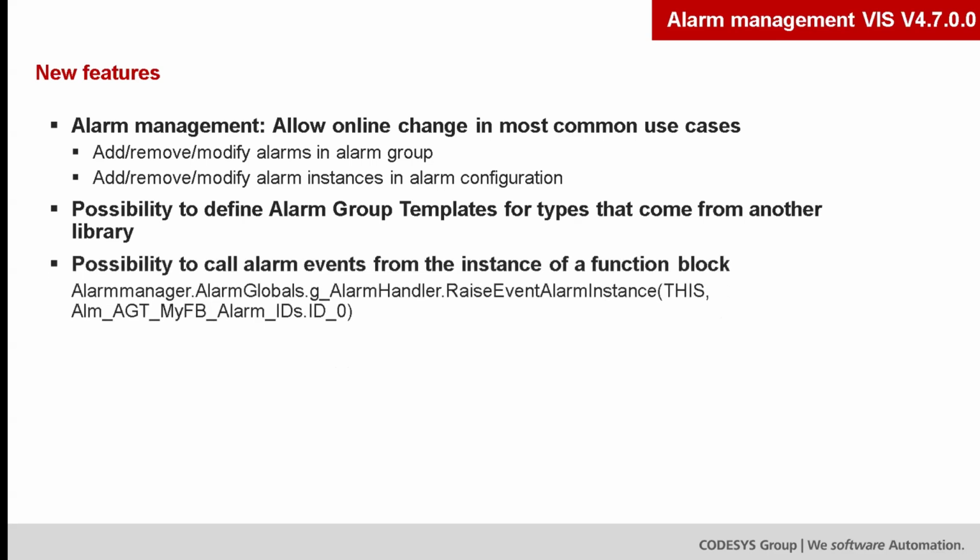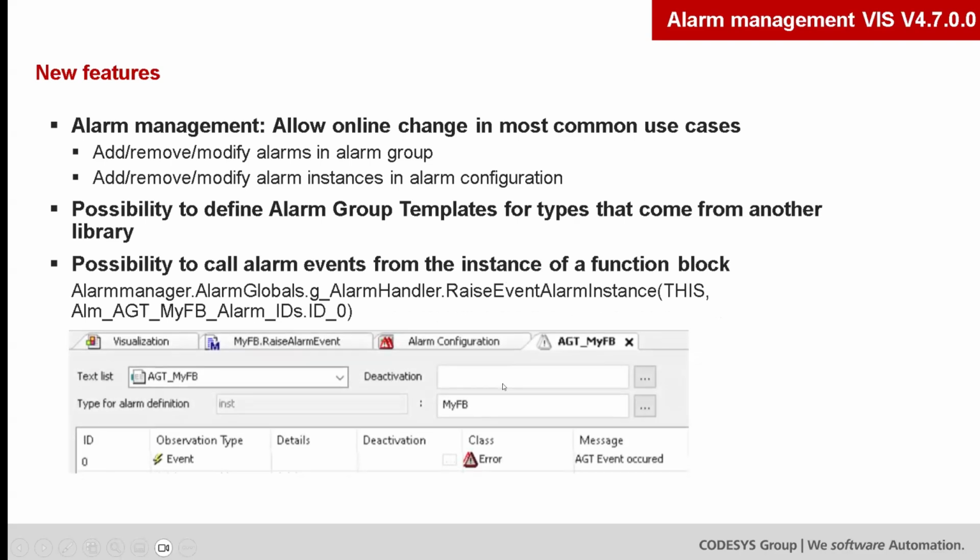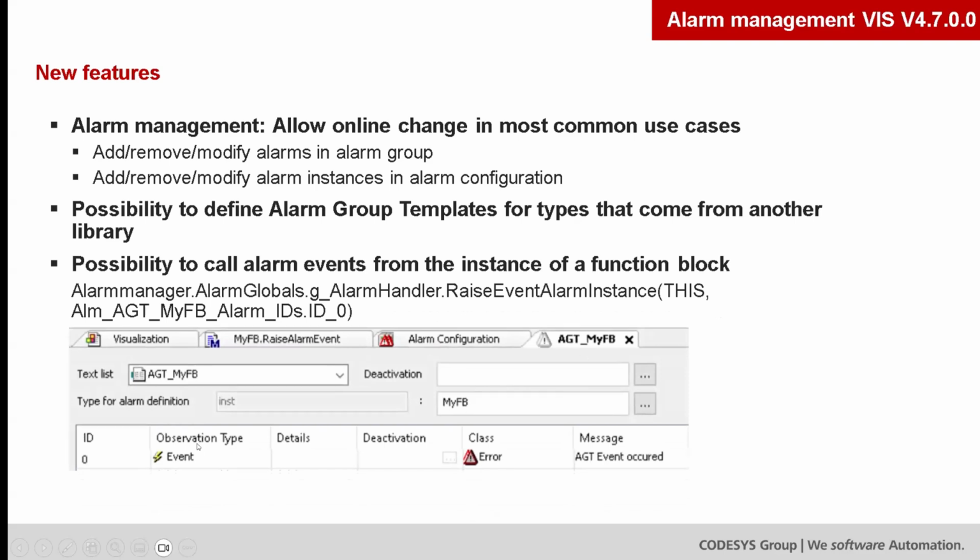The next extension is that you can also call alarm events from the instance of a function block. In an alarm group template, we also provide the observation type event. An event must always be called from the application. And with this call, raise event alarm instance, you can call this from your function block that you developed.